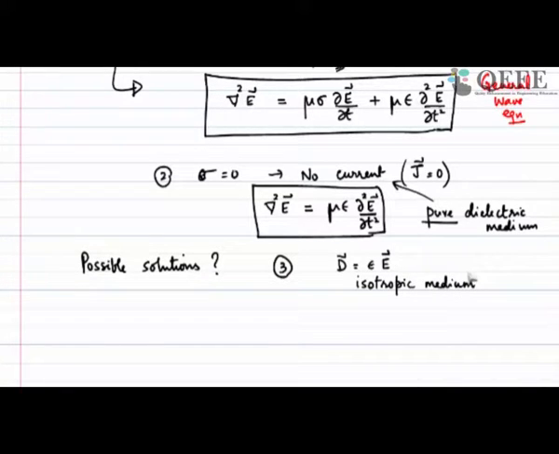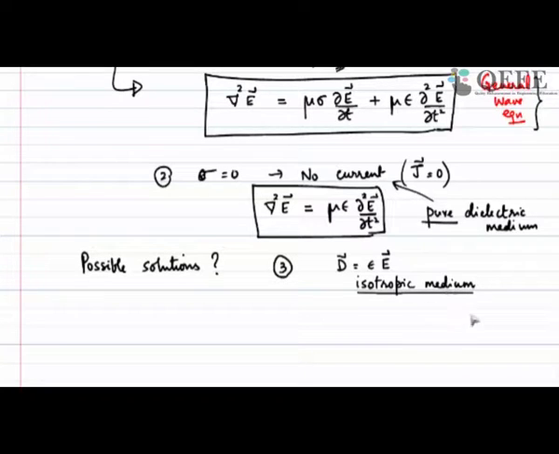We will need this assumption for the simplest case. It is not that the wave equation does not hold good for an anisotropic medium. This general equation is true for any kind of media, but I am going to make the assumption that it is an isotropic medium.